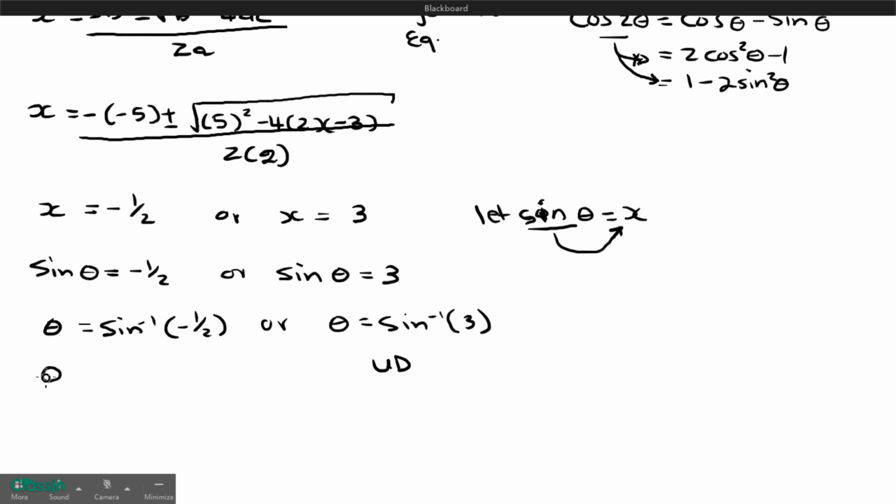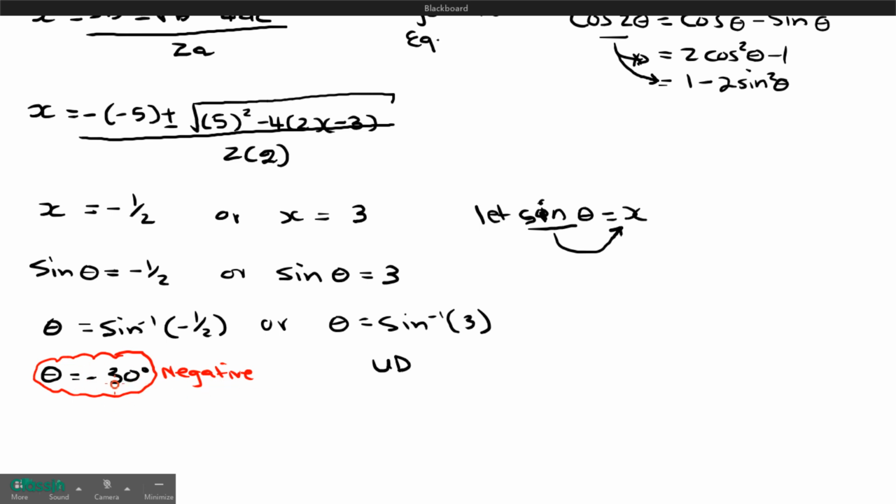So here it says theta is equal to negative 30 degrees. But now, be very careful because this angle on its own is negative. And we know that we don't work with negative angles.